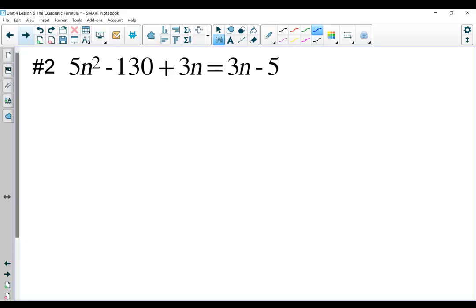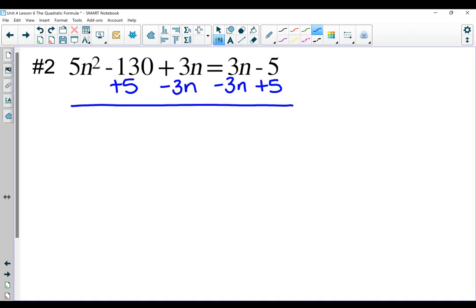All right, we are approaching another quadratic equation. So we're going to set it equal to 0 to solve. Again, I really like to keep my x squared term positive, or n squared in this case. So I'm going to move over to the left. My b term cancels out, so I'm left with 5n squared minus 125.